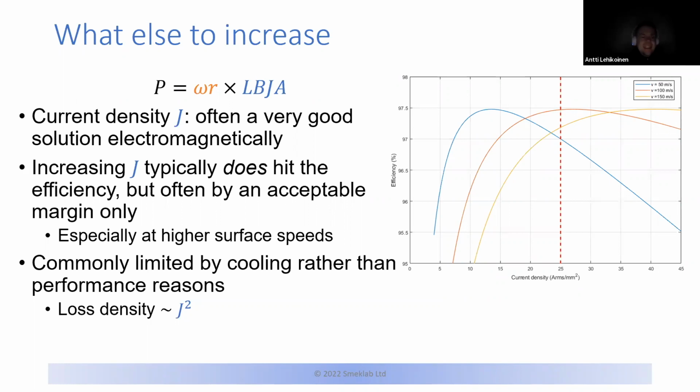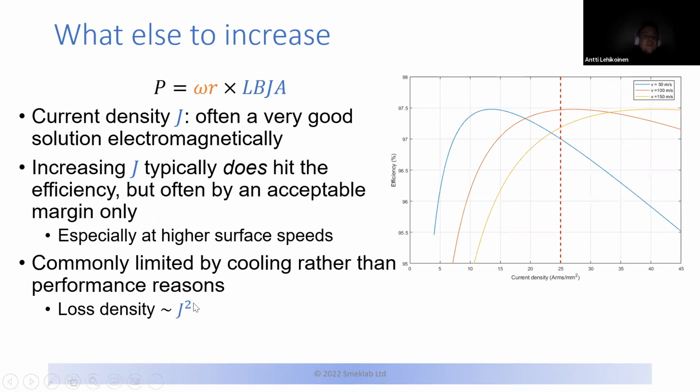And indeed, the current density is often not limited by the magnetics themselves, but by cooling and thermal aspects: how you can cool the machine, get rid of the losses in the winding.